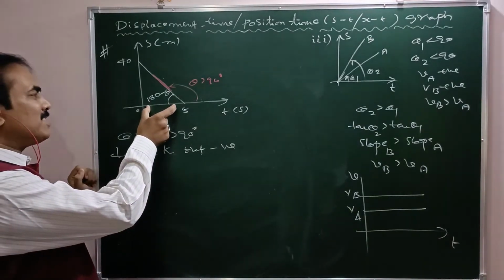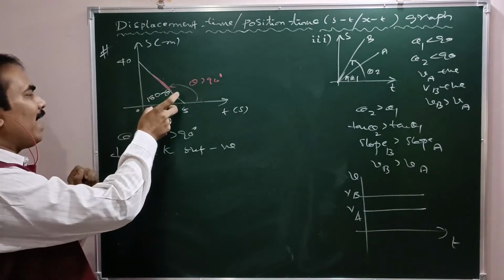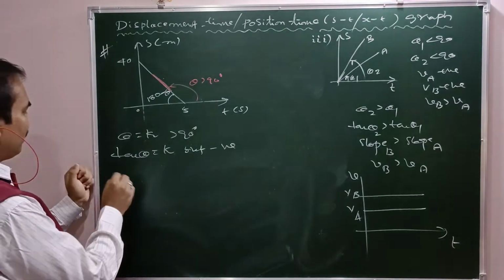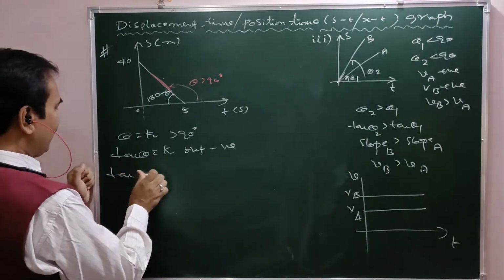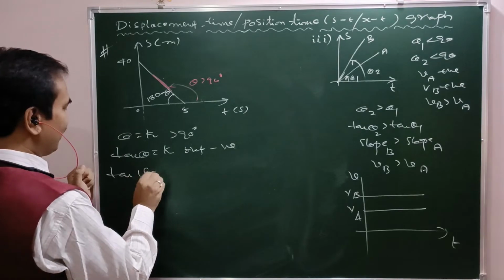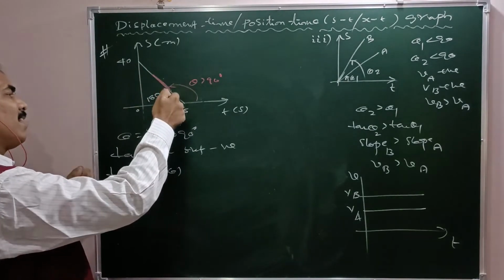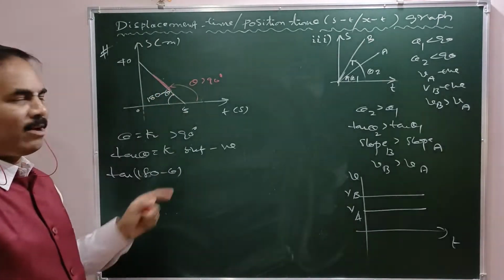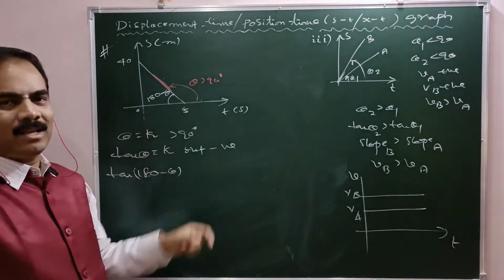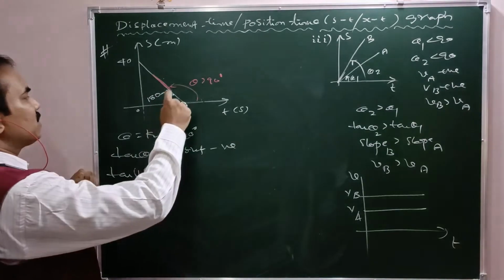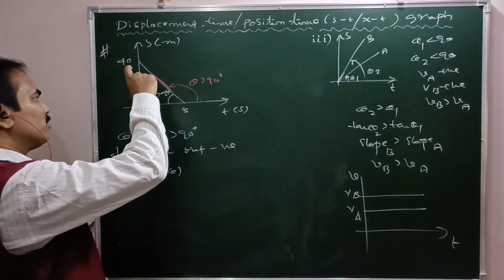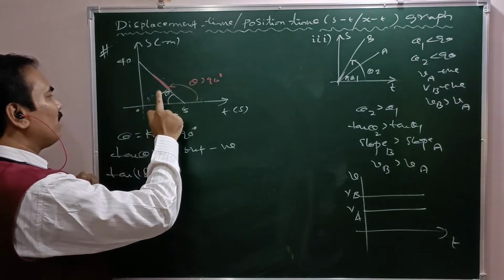Tan of 180 minus theta equals opposite side by adjacent side. See this right angle triangle. This is theta. What about the rest of the angle? 180 minus theta. Why? Because the total angle is 180 degrees. That is, tan of 180 minus theta equals opposite side by adjacent side. See, this is 180 minus theta.